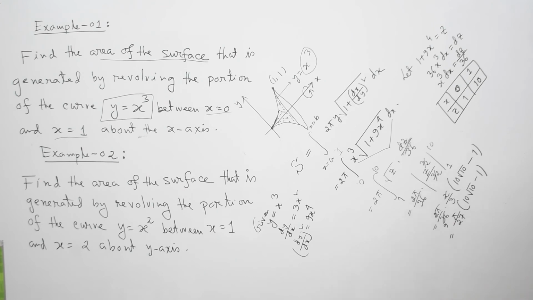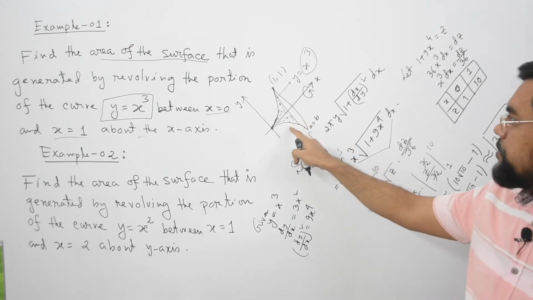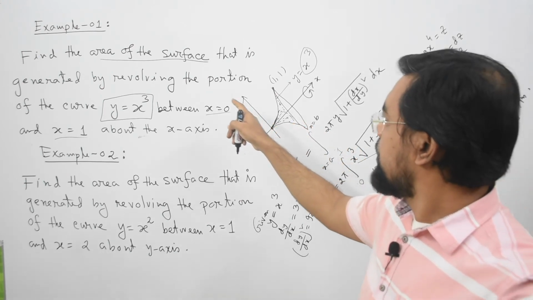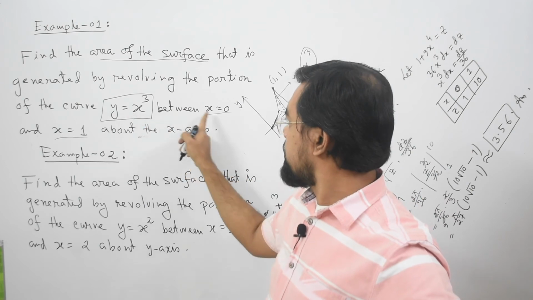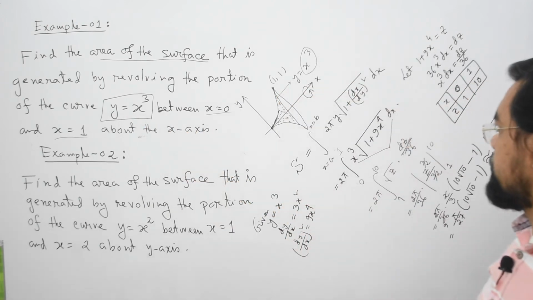This can be your answer, or if you want to approximate it, you can do that by using your calculator. That will be 3.56. So 3.56 is the area of this surface of revolution if you revolve the portion of this curve from x equals 0 to x equals 1.